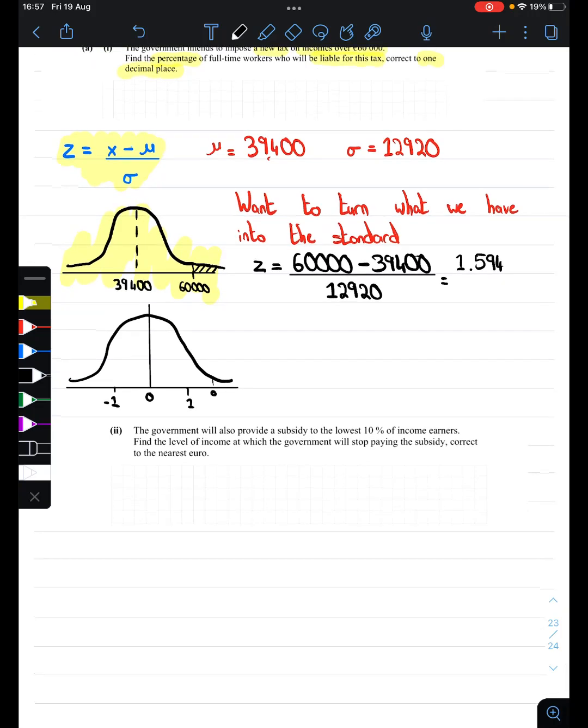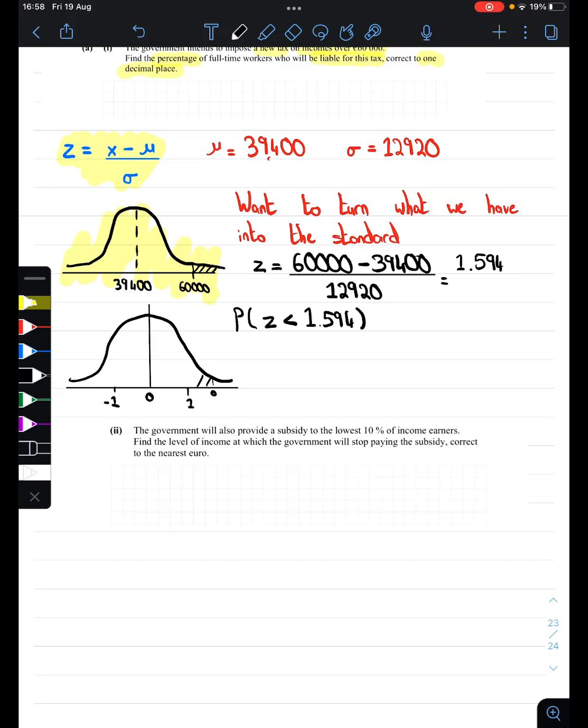So if we go to the log tables, it will give us the proportion or the percentage of people with z below 1.594. So that's the percentage of people who will have a z-score below 1.594.